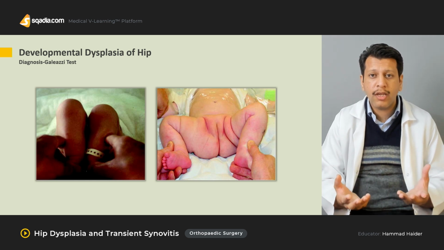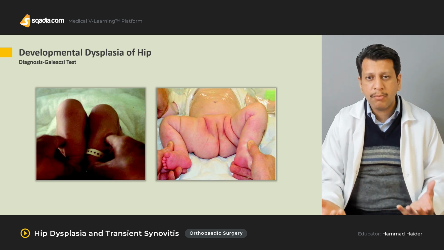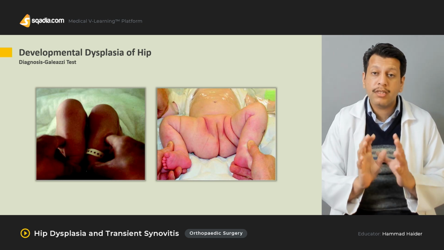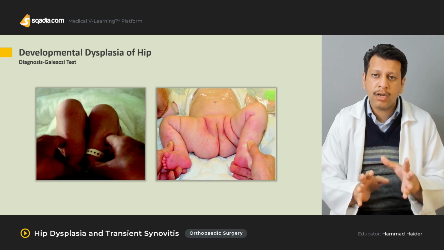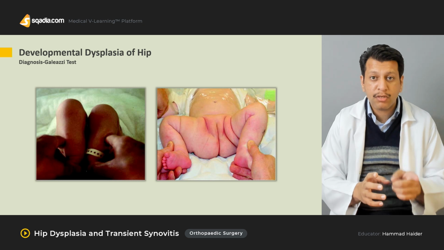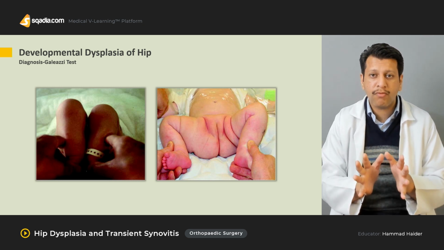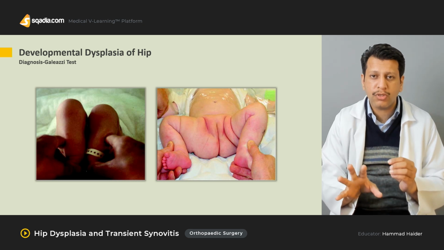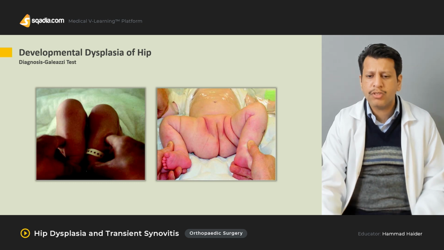And if it's already out, you cannot actually make it come out again. Therefore, even the Barlow would be negative. Therefore, it is important to understand that Galeazzi, Ortolani, Barlow, these are tests which are pathognomonic of DDH, but they are done in a very small subset of our population, which is usually there is no associated teratological hip, and usually the child is less than 3 to 4 months of age.